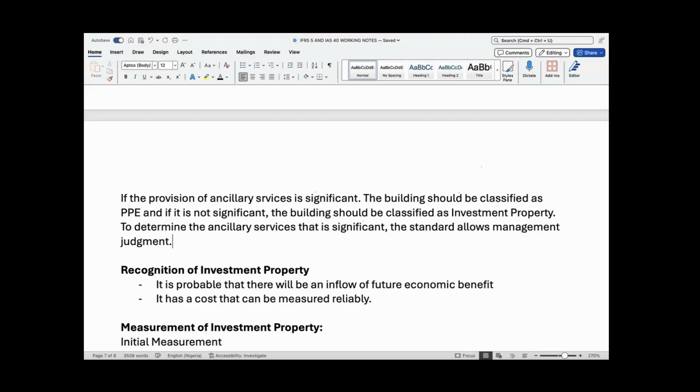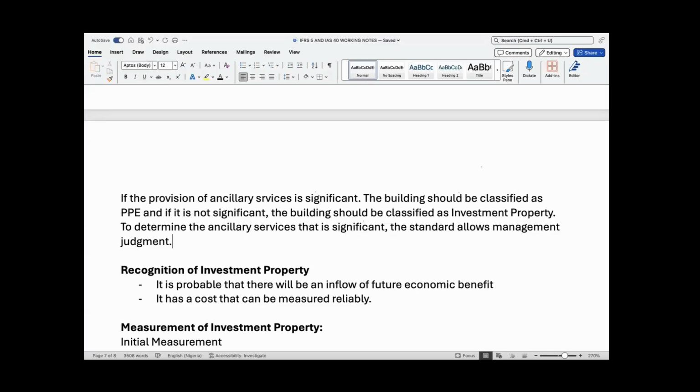Yes, they would provide a central generator, central security, water, and ask people to pay service charge. It's significant. If you are the accountant of that person, you can say, okay, it's significant now. You are the one providing all the amenities they need to function in this house.